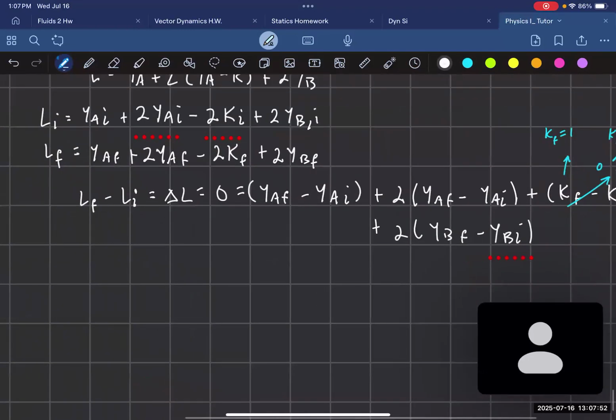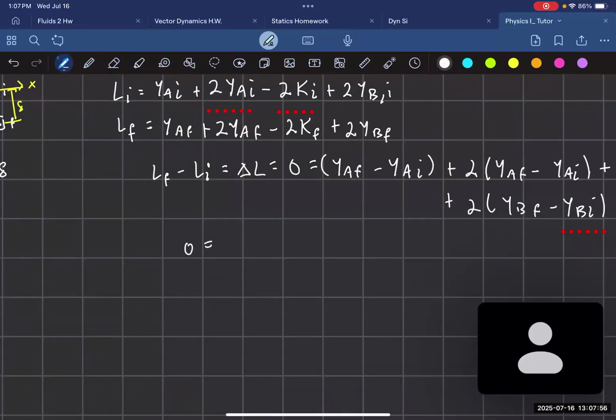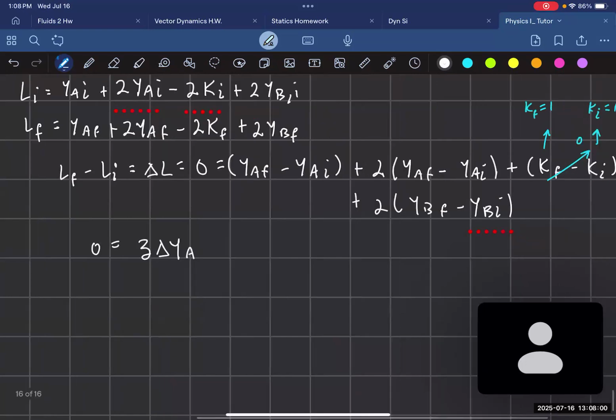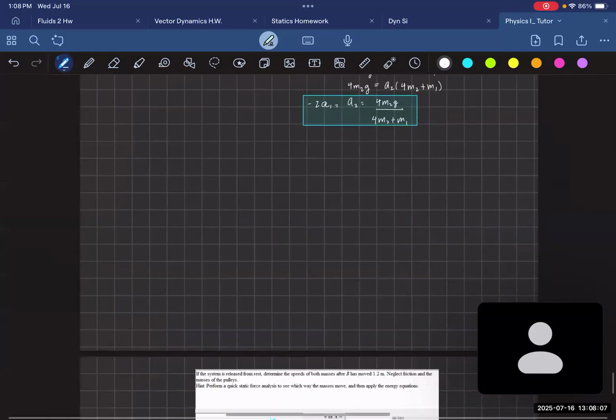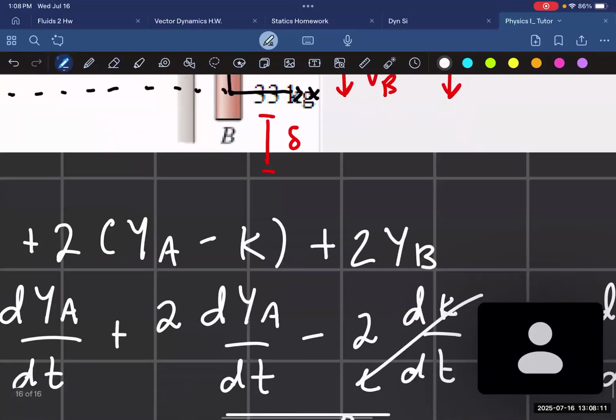And then simplifying the equation, what we actually get then is 0 is equal to 3 delta y a plus 2 delta y b, right? But we're given delta y b. Delta y b is just delta amount, right?